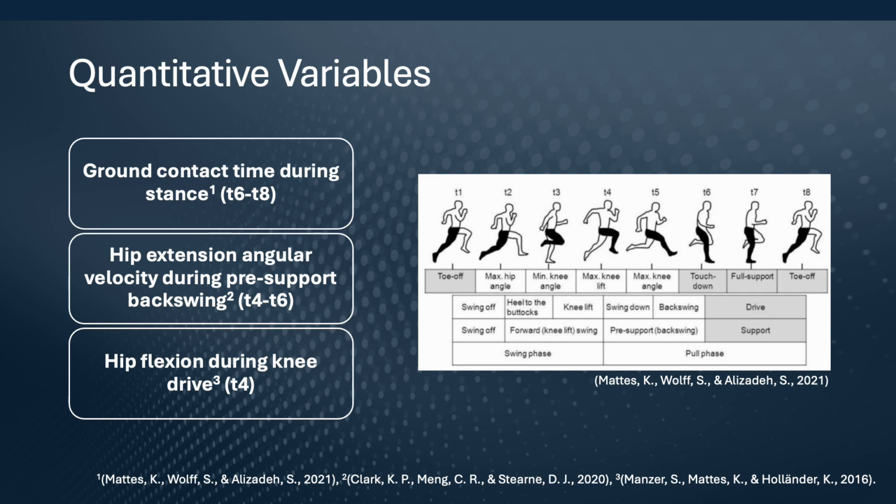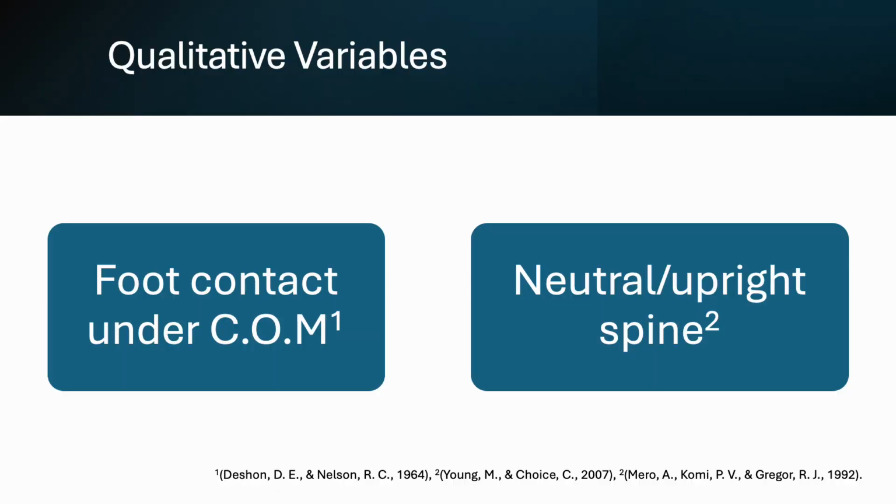So essentially bringing that knee up higher increases the distance that it has to travel when beginning hip extension, hip and knee extension during that pull phase from knee drive to touchdown. Increasing this displacement of the leg increases velocity of the leg before stance push-off, and this increases propulsive impulse.